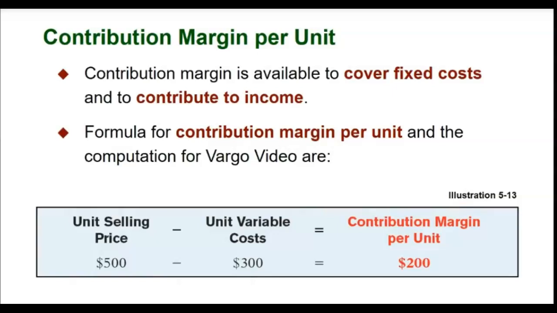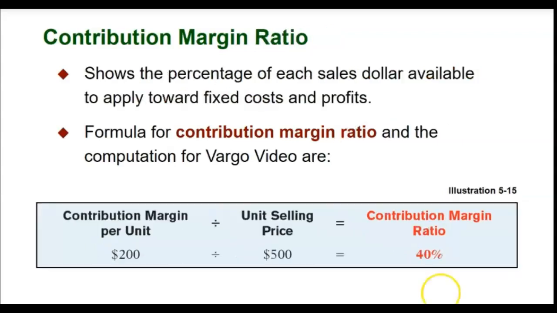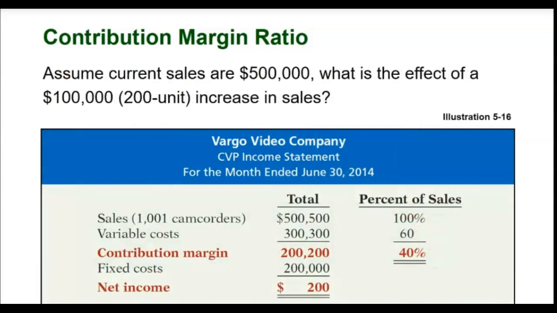And my contribution margin per unit is the unit selling price minus the variable cost. Contribution margin ratio, and that is the contribution margin per unit divided by the unit selling price, 500. Anytime in accounting you hear the word ratio, it's always a percentage of sales. So contribution margin ratio is the contribution margin as a percentage of sales.